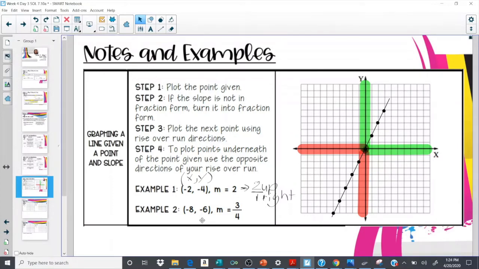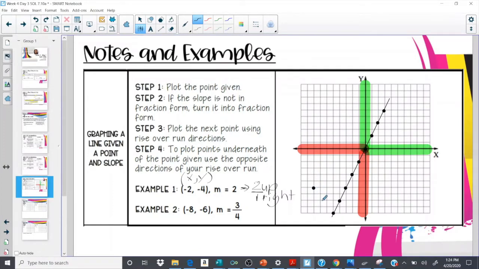Let's try again. Example number 2, they give us -8, -6, and the slope is 3/4. Once again, we're going to plot the point given to us. Start at the origin, and you are going to move to the left 8 units, 1, 2, 3, 4, 5, 6, 7, 8, and down 6 units, 1, 2, 3, 4, 5, 6.